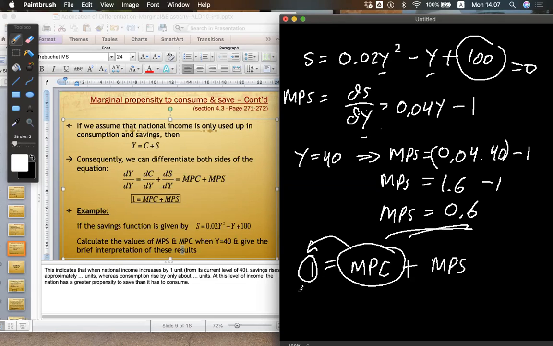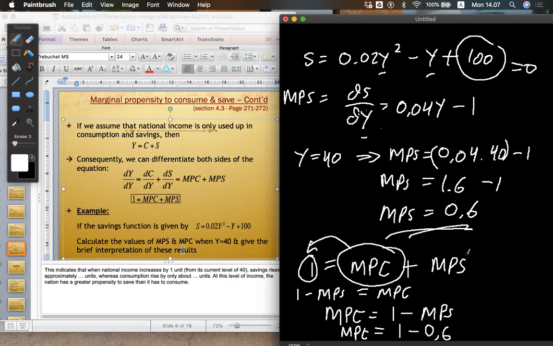So actually it is like this, 1 minus MPS equals MPC. Or we can write MPC equals 1 minus MPS. So MPC equals 1 minus 0.6. This 0.6 is the MPS. So the MPC is 0.4.